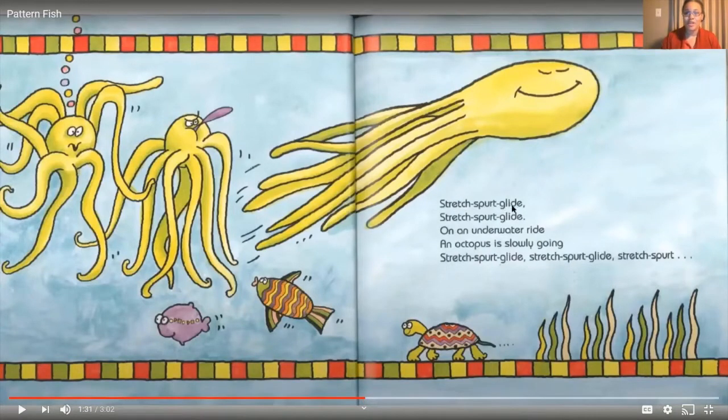Stretch, spurt, glide? No. There are 3 pieces in our core, but they're all different. So we call this one an A, B, C pattern because each one of them is different. Stretch, spurt, glide.